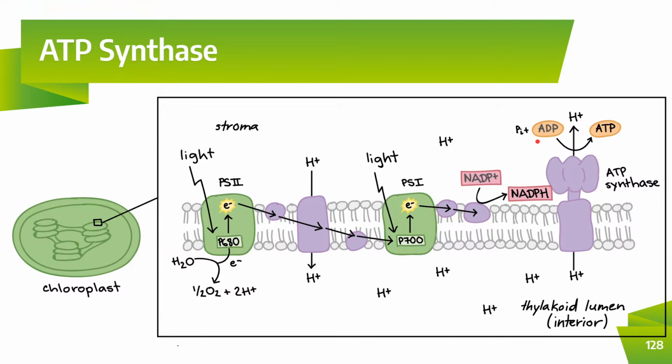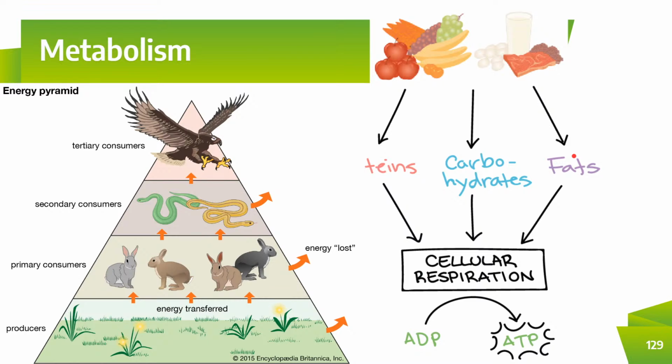So one of the very, very fundamental processes in life, in organisms on this planet, relies heavily on the ATP synthase. So that is one part that I wanted to show you.